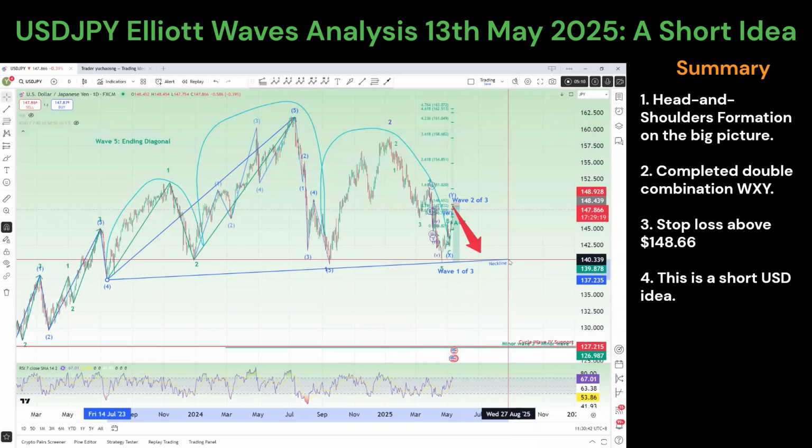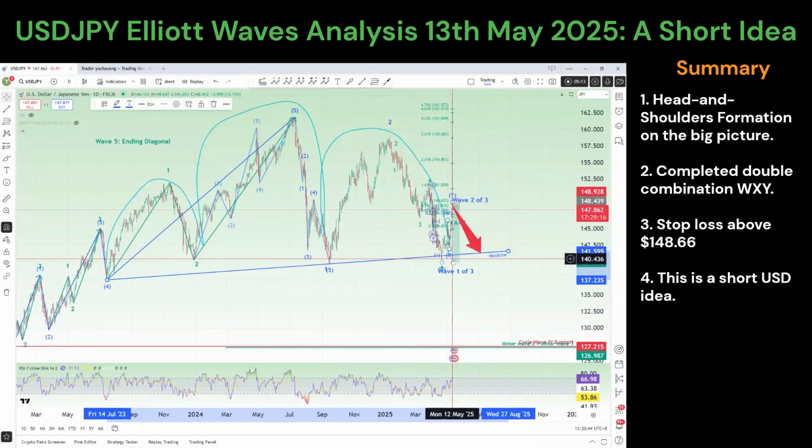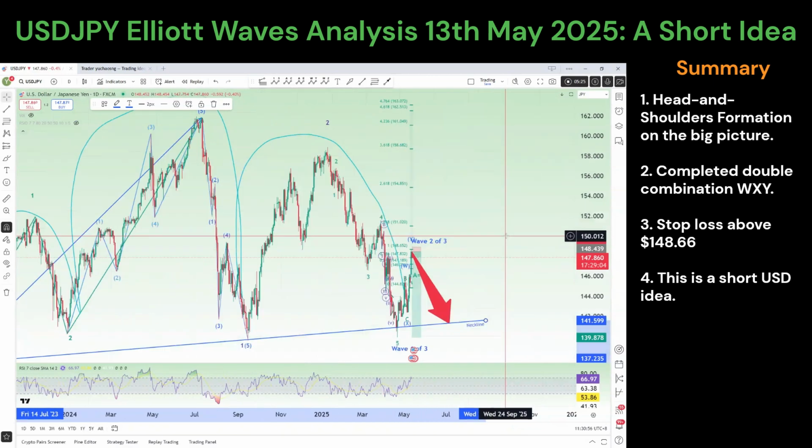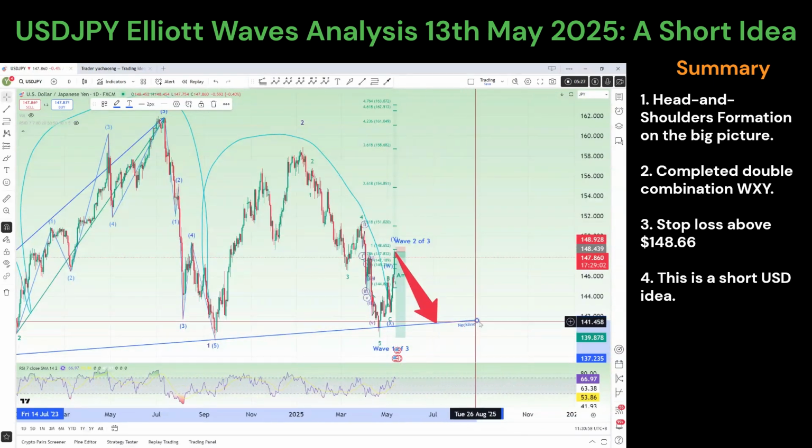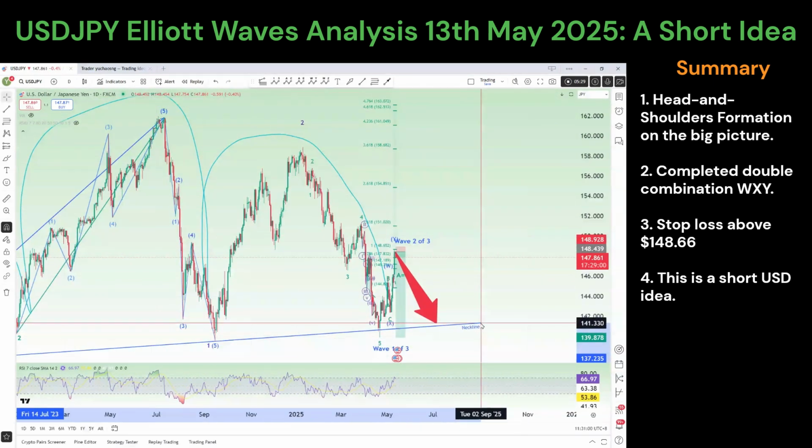The reason is because I identify this as a false breakdown, so that means that this trend line is still valid. So this is still the valid neckline, instead of moving this downwards.